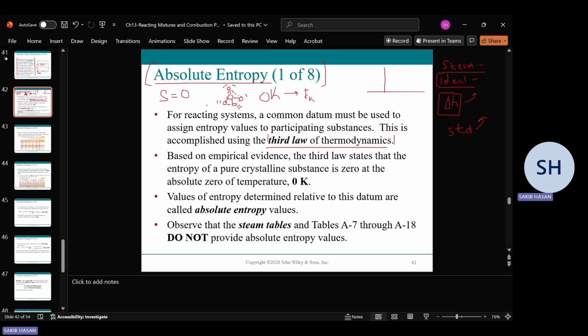And this creates the perfect common datum that we need for our calculations.